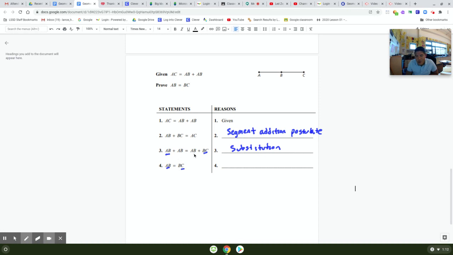So you basically want to get rid of that. I know it doesn't show it, but you can subtract AB from the left side and subtract AB from the right side. So reason number 4 should be the subtraction property of equality, because you're subtracting the length of AB from each side of the equation.